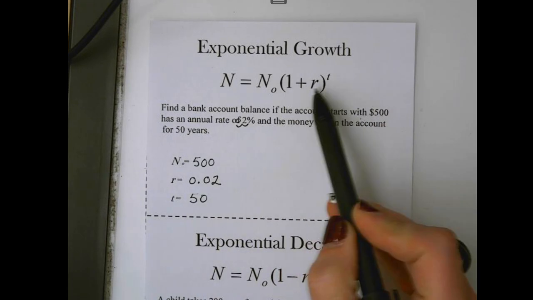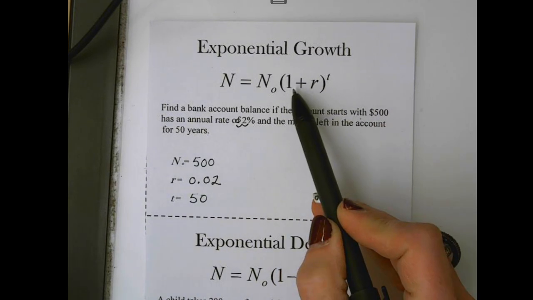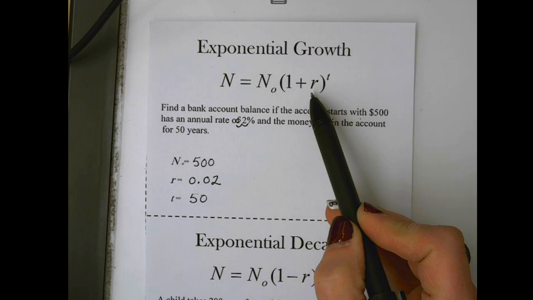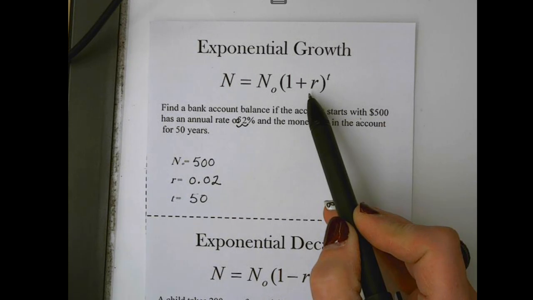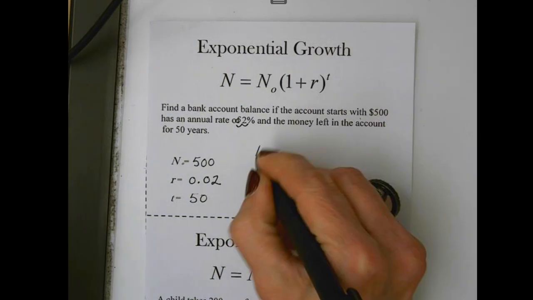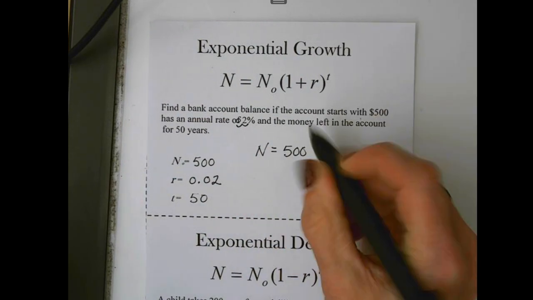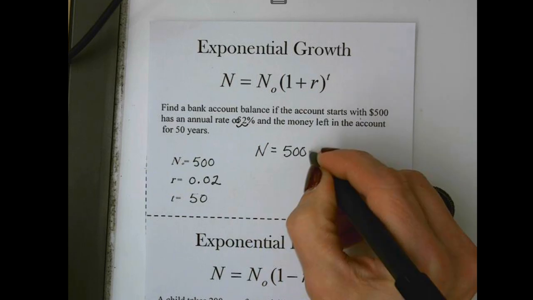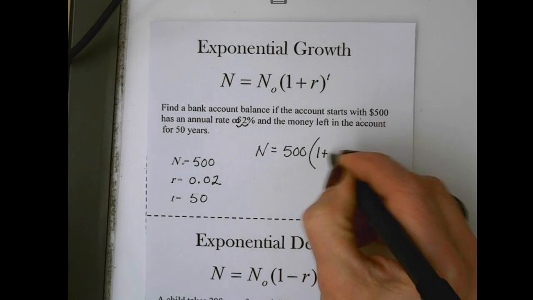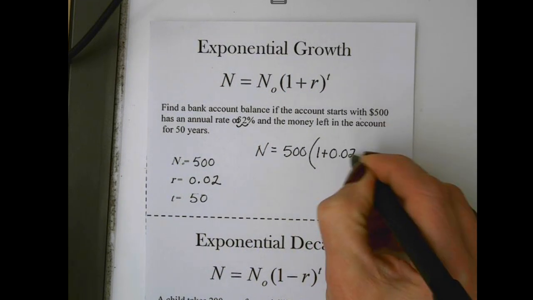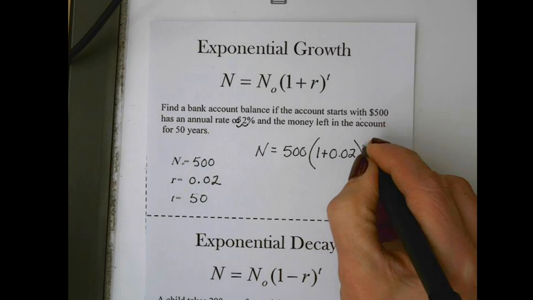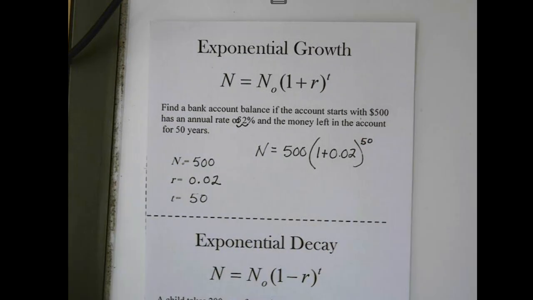So we're going to plug it into this formula. Exponential growth is where we add the rate, which will probably make sense here. Our amount would be the $500, the initial amount, parenthesis 1 plus 0.02, that's our rate, and then our time is 50.